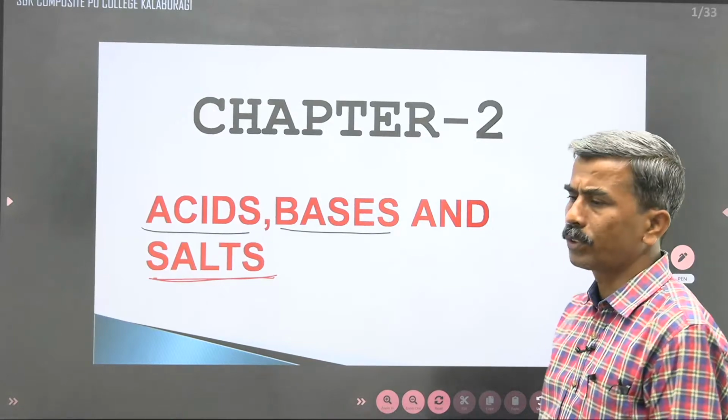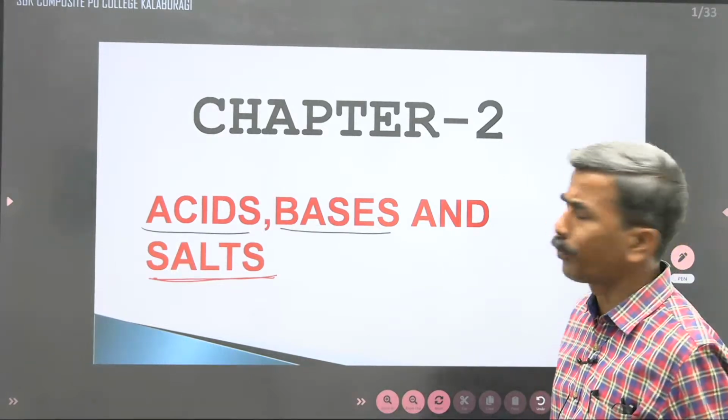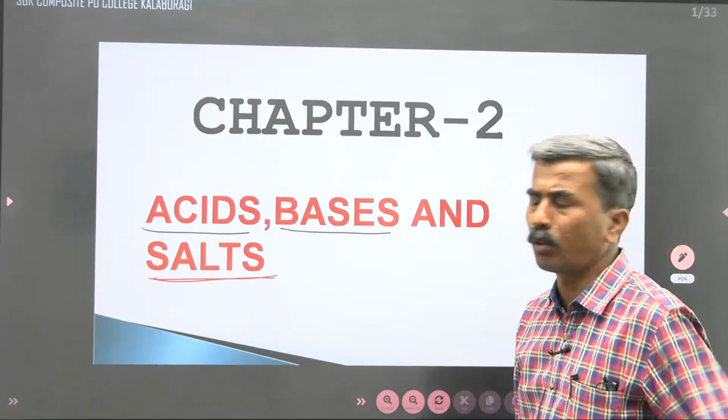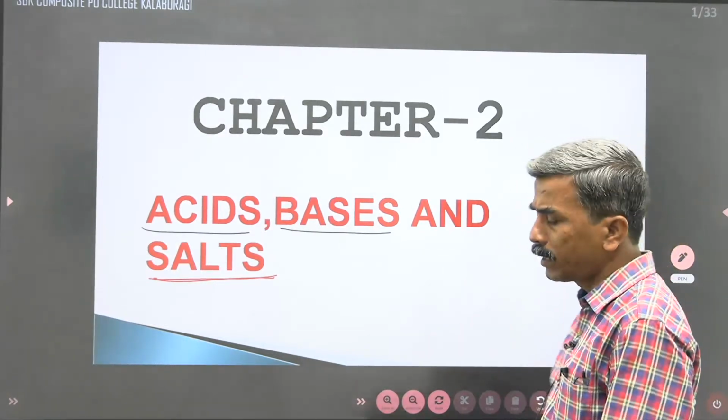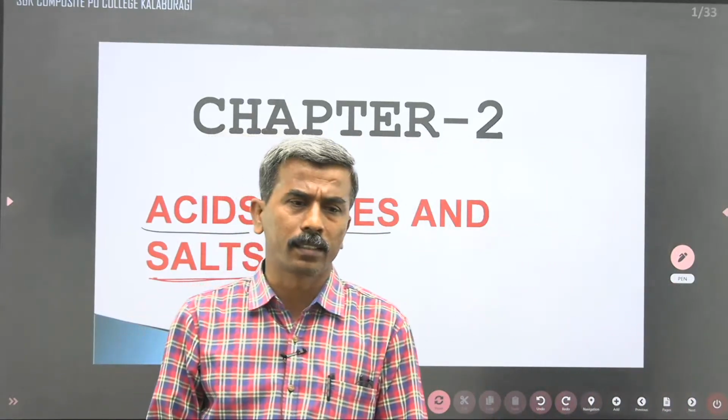By making use of it we prepare nearly 4 to 5 different compounds, and what applications they have got. So this is the content which has been included, and which we have done in previous classes.